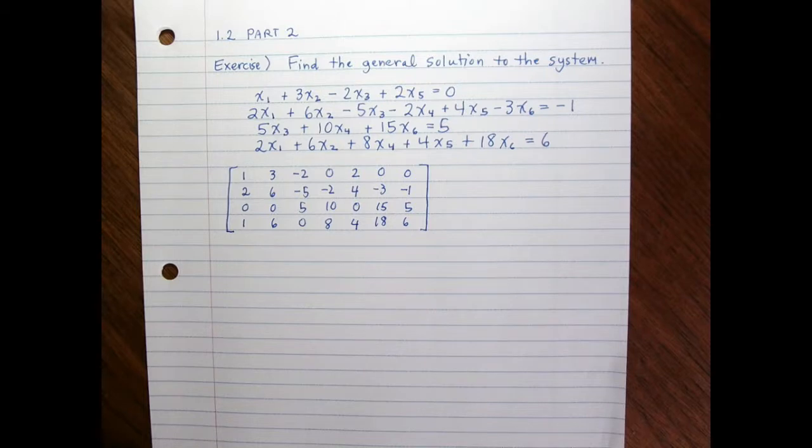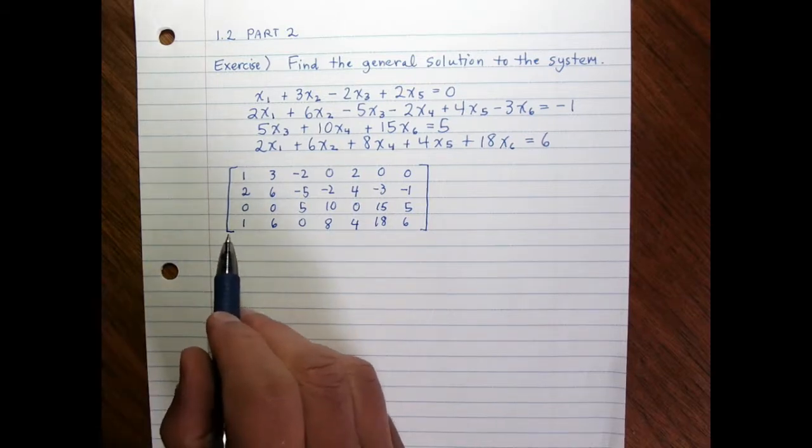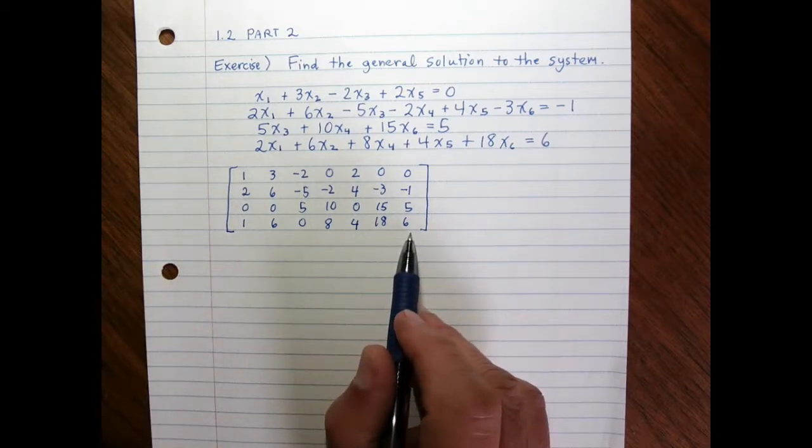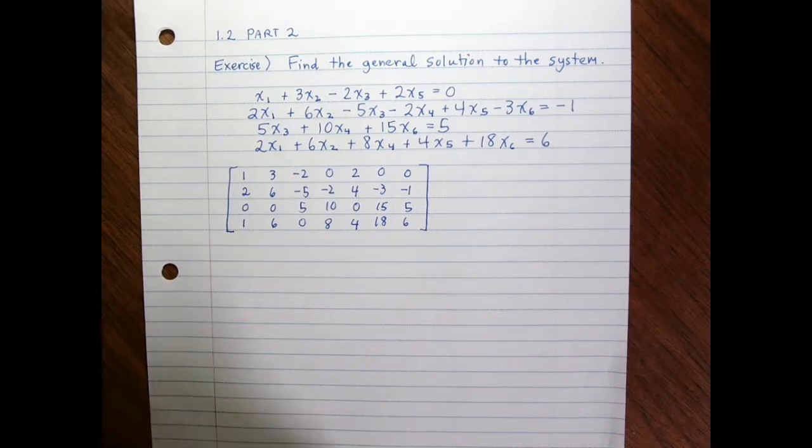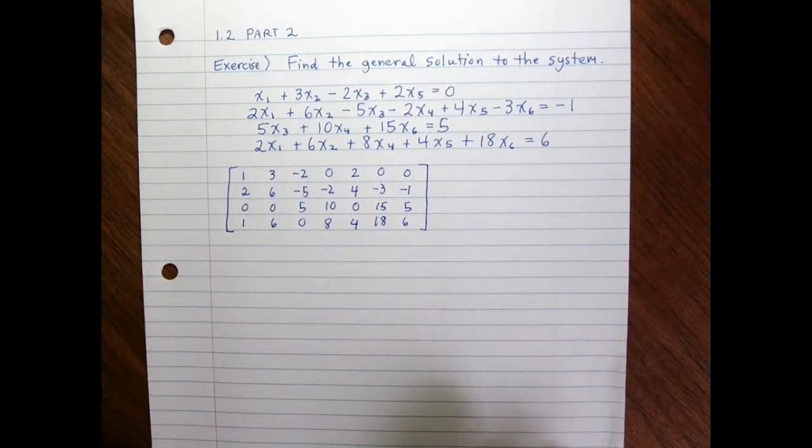And we already had set up the augmented matrix, so here it is. And we're going to work on that matrix to find our general solution. There are 2 steps to this problem.